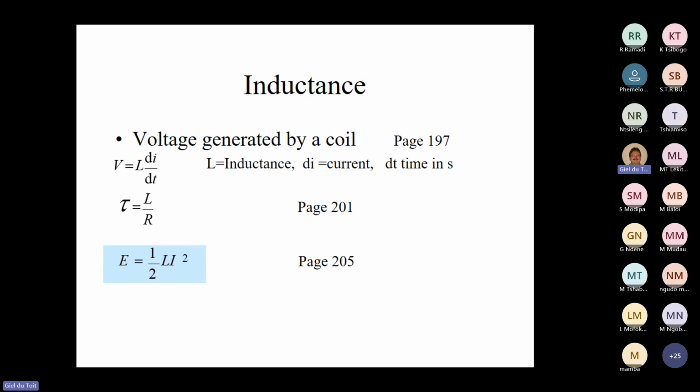All right, so if I change the current by 100 amperes, and the time period in which I change that current is 1 millisecond, who can tell me what voltage I will generate now? 100 ampere over a millisecond. See, they are inversely proportional. So therefore, we will generate 100,000 volts.